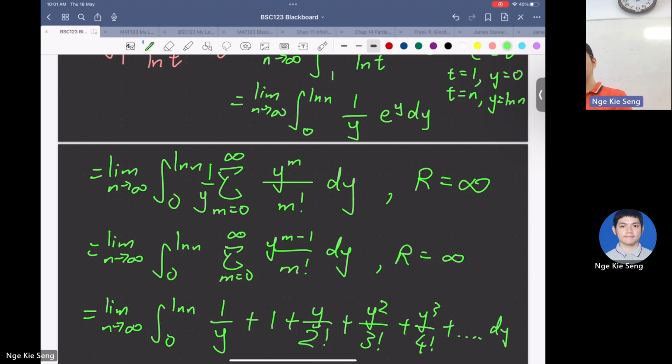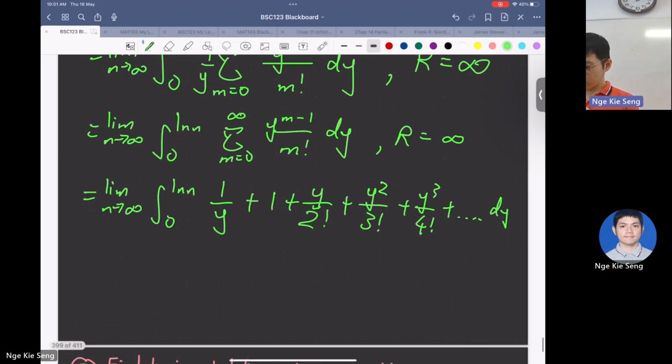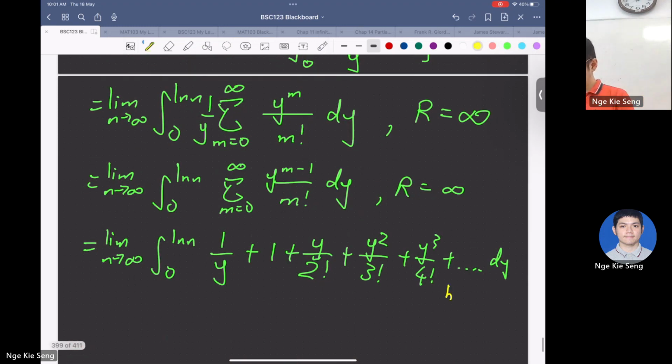But we have a theorem that says within the radius of convergence, we can integrate the infinite series term by term, right? So by theorem, we can integrate our series term by term.